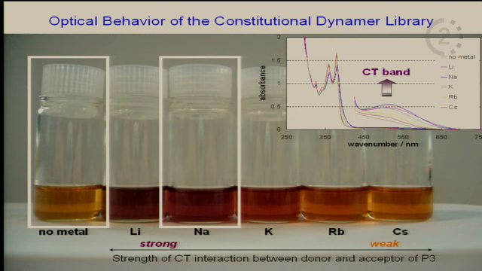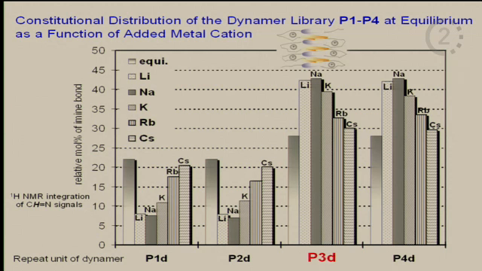Let's look simply at the case of no metal and the case of addition of sodium. That's polymer P1. P3 is the one which has both donor and acceptor. You have P1, P2, P3, P4, and you will only look at the case of sodium.